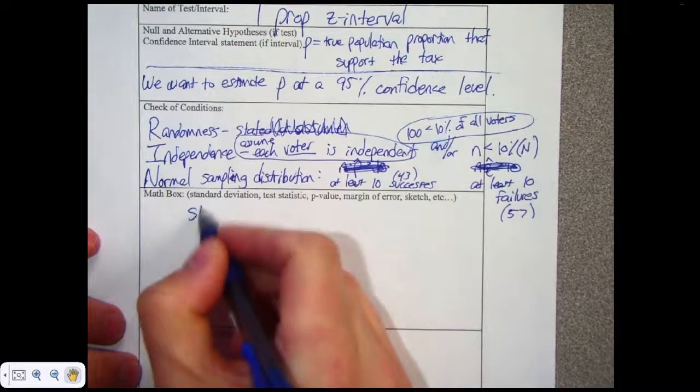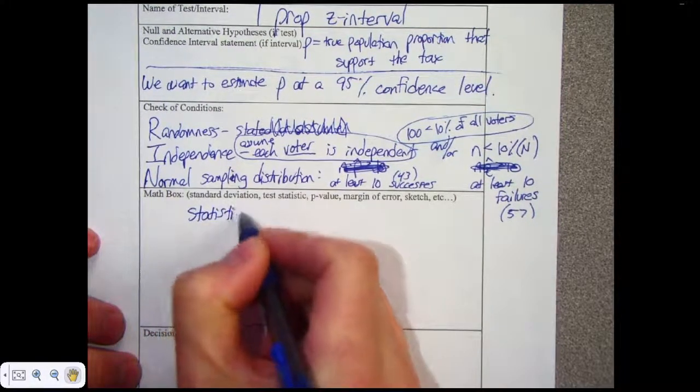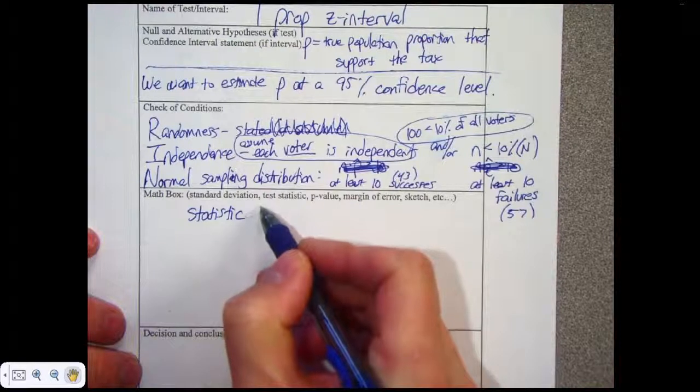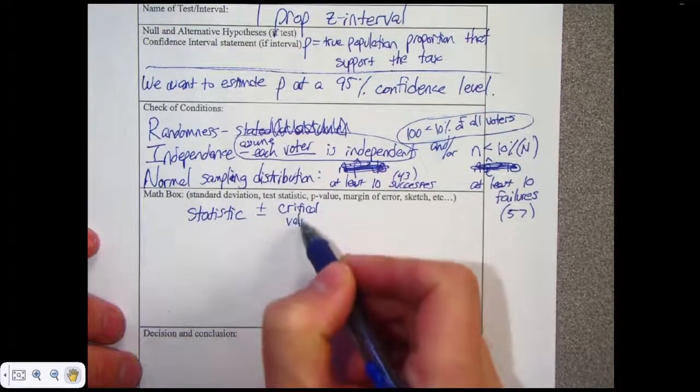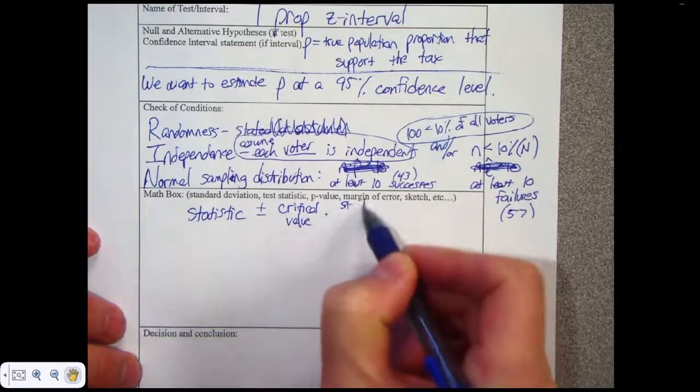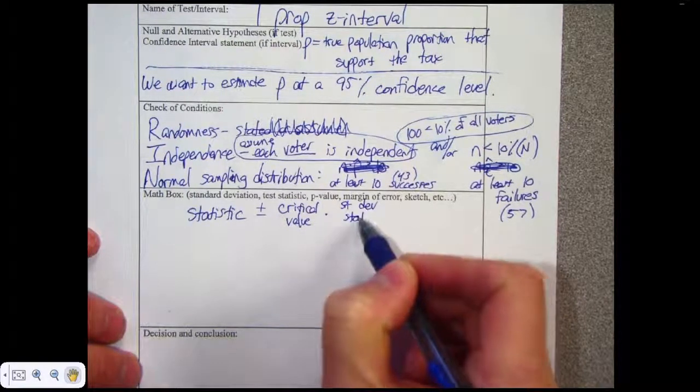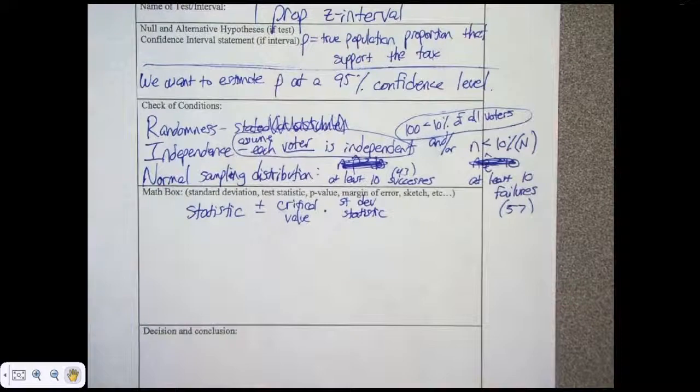So your math box, we're doing the same thing: words, symbols, numbers, answer. So statistic, plus or minus critical value, times the standard deviation of the statistic. Your statistic in this case is not X bar. What is it? P hat.